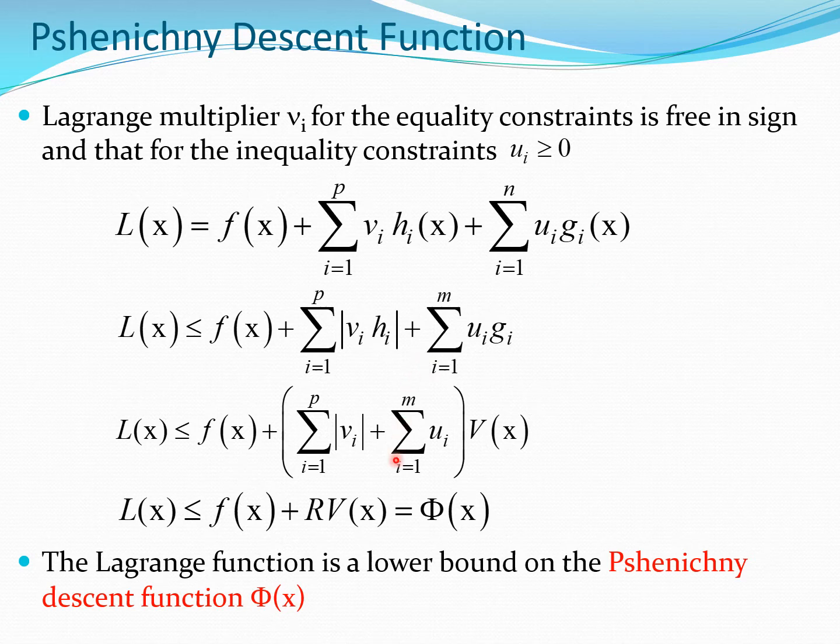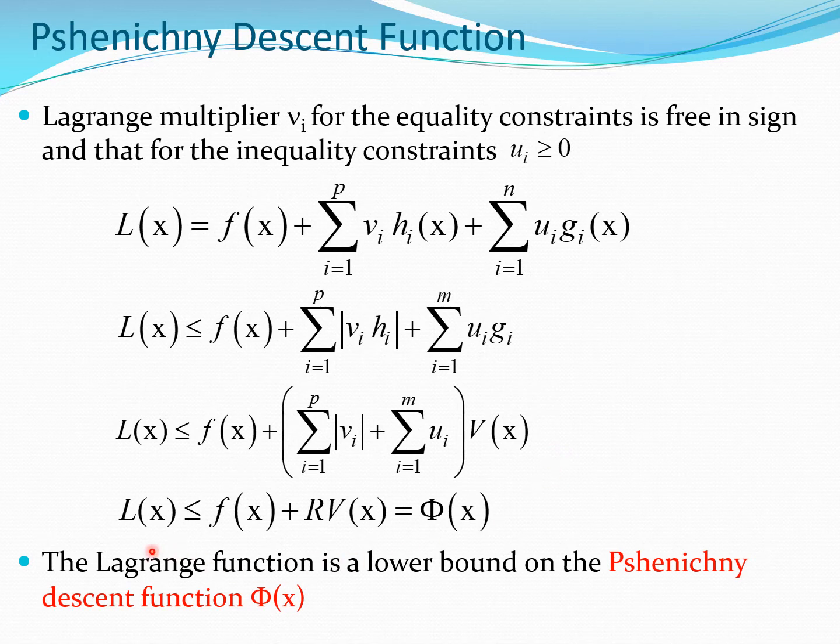Now proceeding on the same path, let us suppose there is a value V of x which defines the maximum level of violation of a constraint. So this could be the maximum violation between h and g, and so if we were to extract such a function outside from these summation signs, then we could write both these summations inside this bracket here, and so you would have the modulus of v_i, you would have u_i being greater than or equal to 0, the whole thing in brackets, and then you would have some function V of x which at this point is not known.